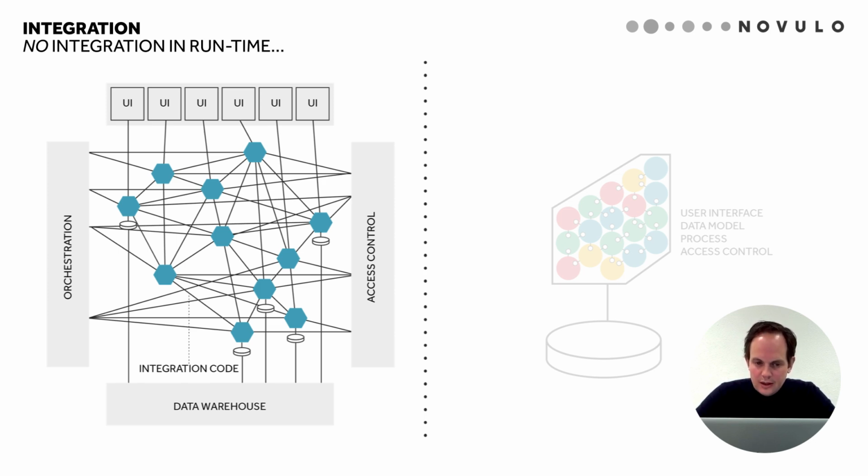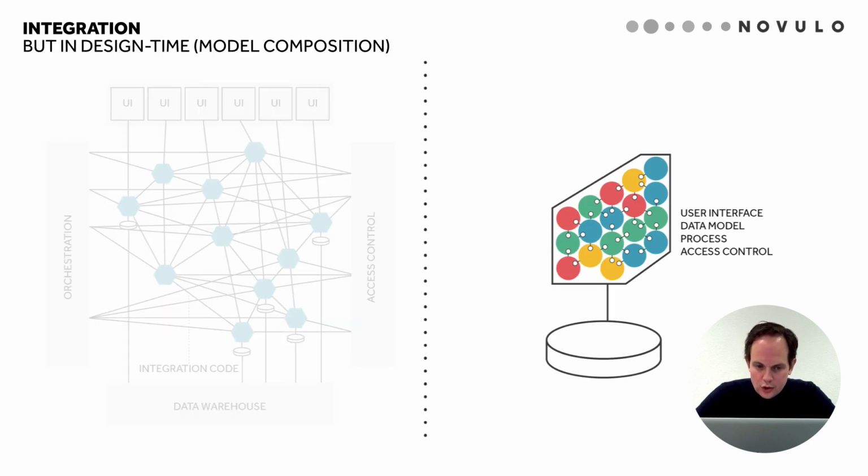But actually, the advantage of that microservice architecture is the flexibility. And since we now combine that with low-code, we can use those components as microservices, but integrate them in design time. So we are using those components to weave them in design time into a monolithical model.